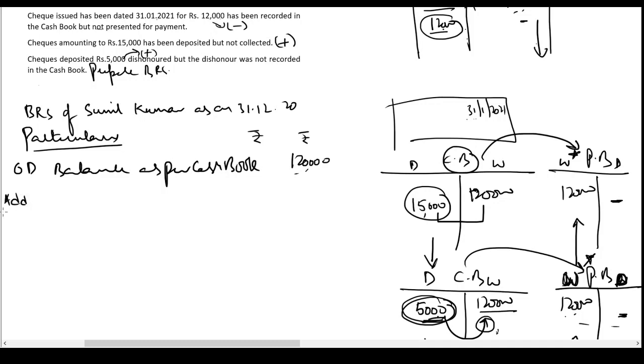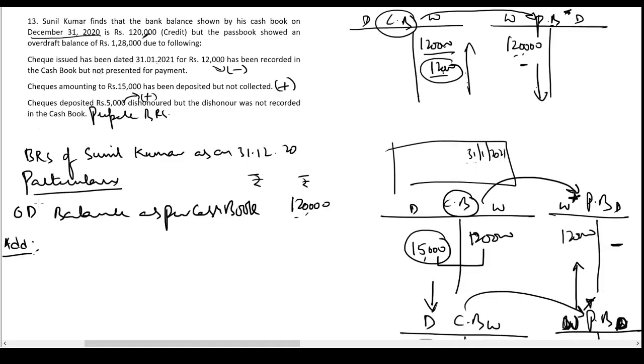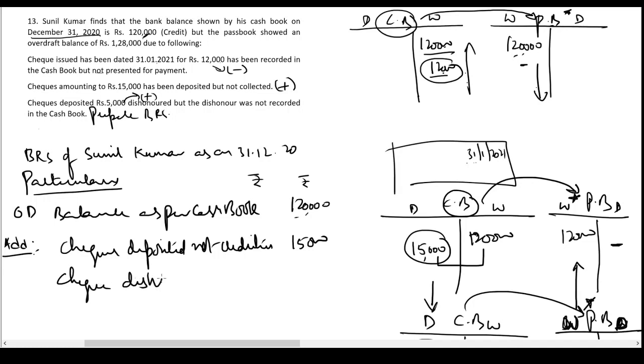Add. There are two add items here. Checks deposited but not credited 15,000. Check dishonored, not recorded in cash book 5,000.